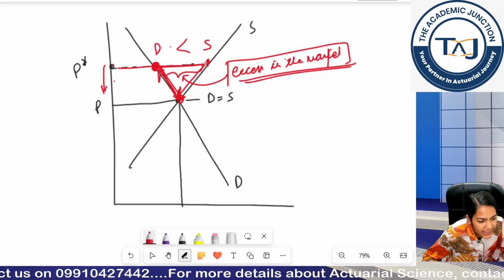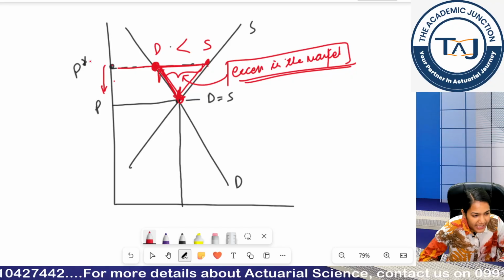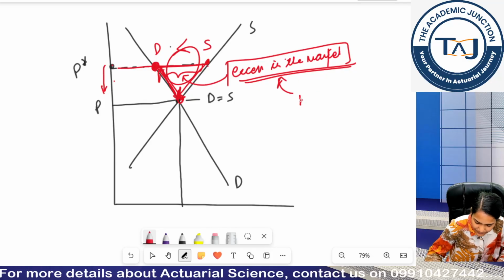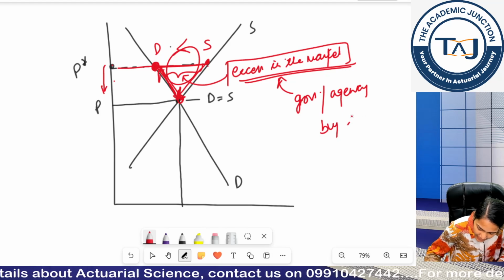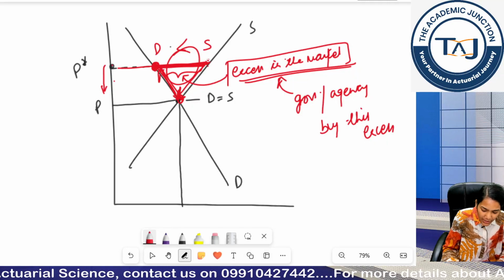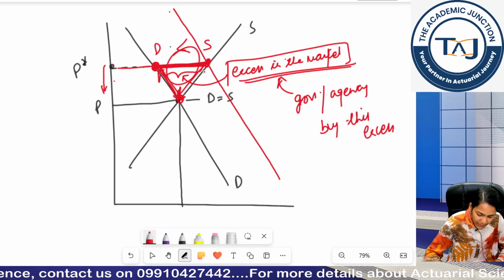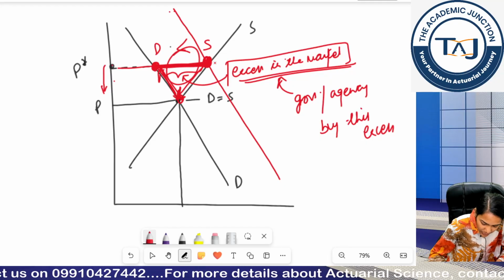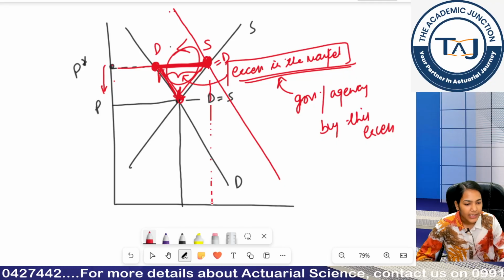So what exactly will I do? The government or the agency setting the higher price will try to buy this excess. Once the excess is covered, my new equilibrium will be set, as the government matches this demand and this supply, at a higher price. Is this clear?